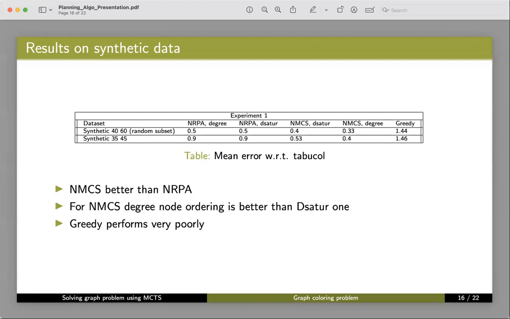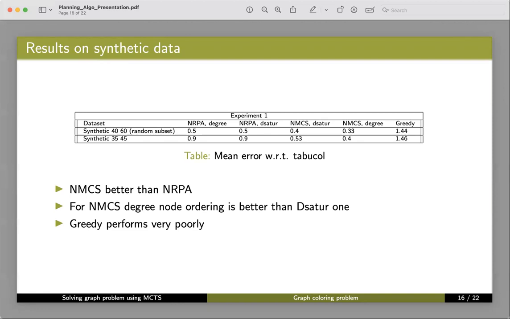And as you can see from the numbers we reported, since Tabucol actually was the best, we decided to report not the error with respect to the real chromatic number of the graph, but with respect to the Tabucol found solution. So as you can see, NRPA and NMCS work pretty well for the bigger dataset with 40 to 60 vertices.